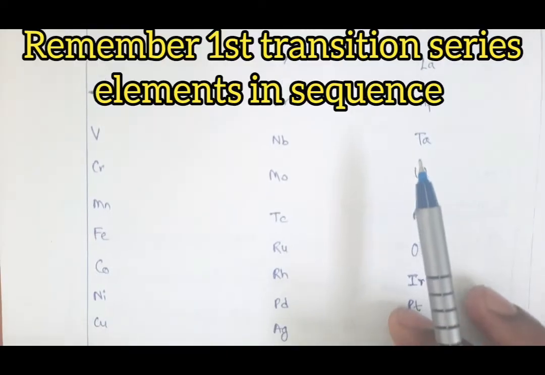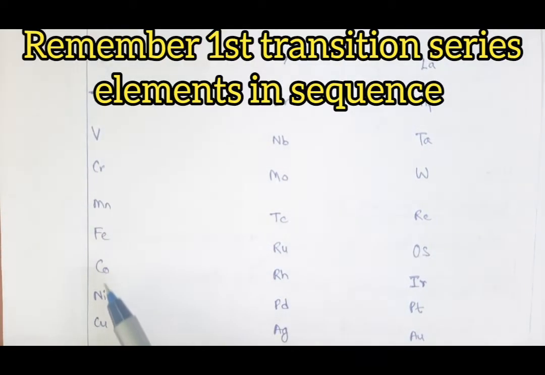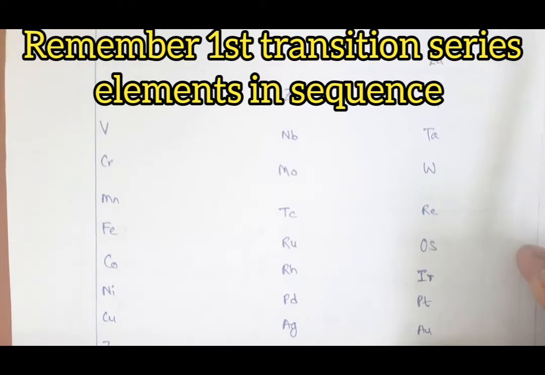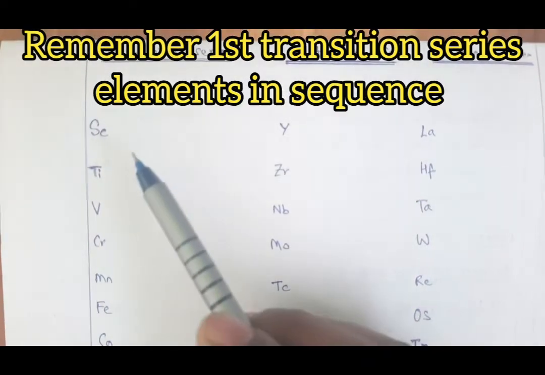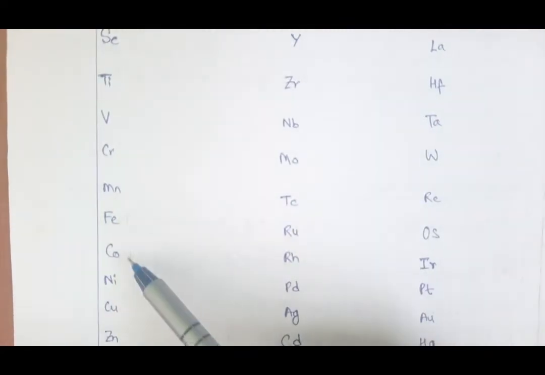First of all, the members of first transition series are scandium, titanium, vanadium, chromium, manganese, iron, cobalt, nickel, copper, and the last one is zinc. And you have to be thorough with the sequence. You have to remember the sequence of first transition series. So I repeat again: scandium, titanium, vanadium, chromium, manganese. Then you have iron, cobalt, nickel, copper, and zinc.